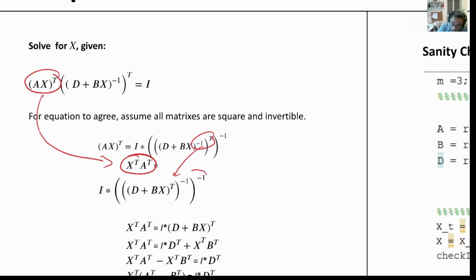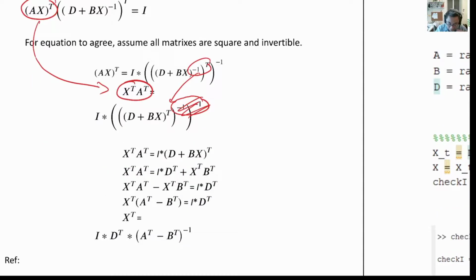We'll see that an inverse followed by another inverse, we can cancel this away. In the next few steps, we are going to open up the brackets on the right hand side. Identity times D is identity times D, but the transpose is distributed in. Identity times BX transpose is X transpose B transpose.